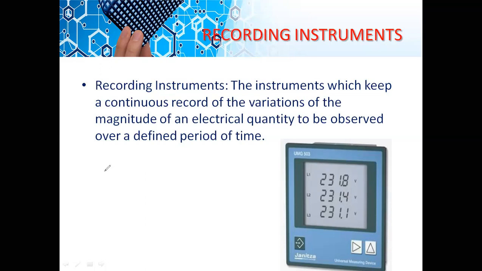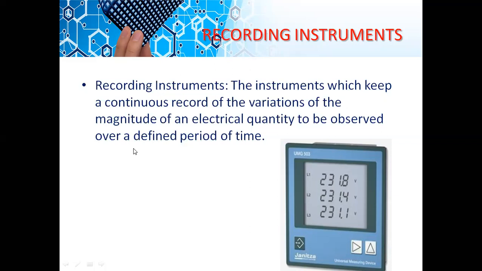Which means, as we have seen in the previous slide, the indicating instrument will have deflection of the pointer only when it is connected to the quantity to be measured. When it is not in the circuit, it will come back to zero position. It will no more indicate the value to be measured.